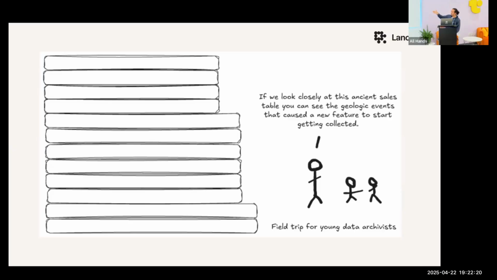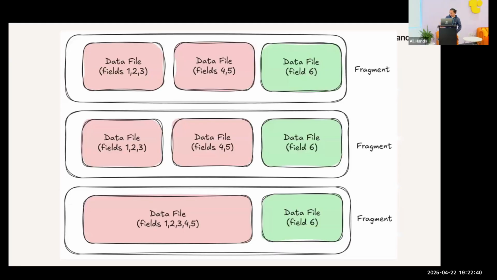You can fill the new rows when you add columns, but if you want to do a backfill, then you have to rewrite the data. Partly this is because Parquet and Iceberg is what I would call a one-dimensional table layout, where the entire row has to live within the same file.